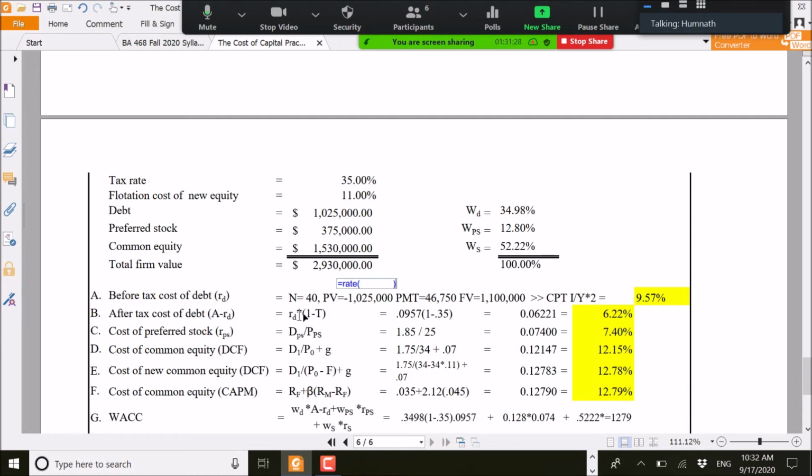The rest of them are, this is the CAPM approach, and this is the dividend discount model. You have even flotation cost in this case. If you have flotation cost, you just take it out from the price.